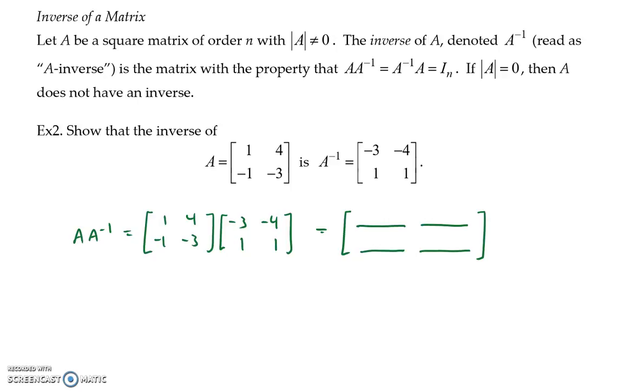This is done as a dot product, and I would just refer you to the previous notes for the specific method. But here are the numbers we would obtain. 1 times negative 3 is negative 3. 4 times 1 is 4, and we would add. Then we would take the first row of A with the second column of A inverse. That would be 1 times negative 3.